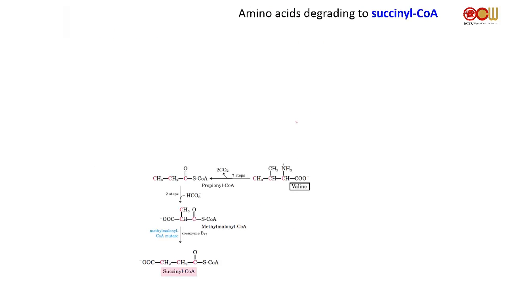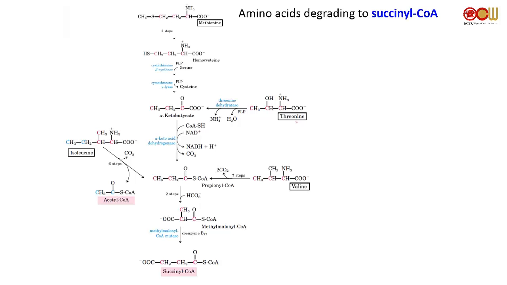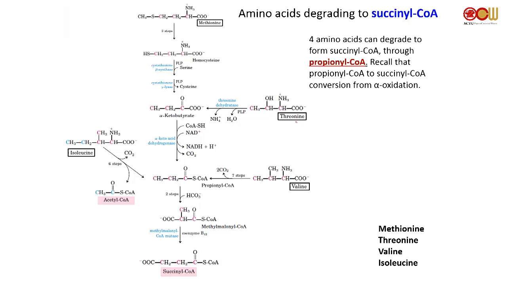Next, we have succinyl-CoA. Turns out you got valine, isoleucine, threonine, and methionine. Now, primarily, these amino acids don't go to succinyl-CoA per se. They actually go to propionyl-CoA.